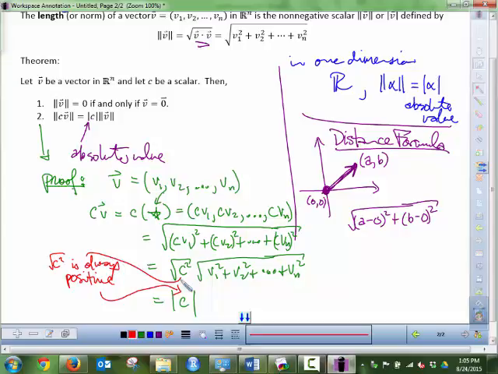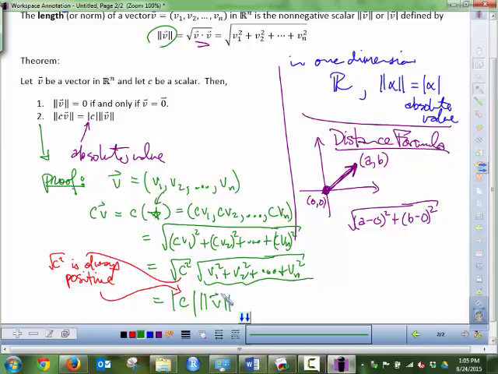That just means that's the absolute value, right? You just make everything positive. And on the right-hand side, what's left here is, according to the definition again, just the magnitude of v.